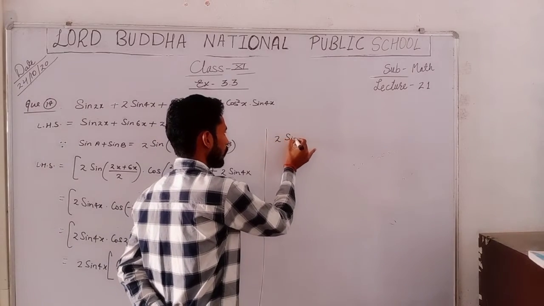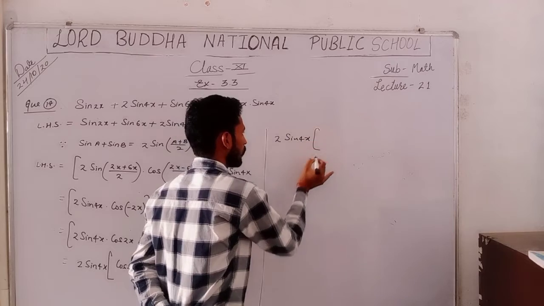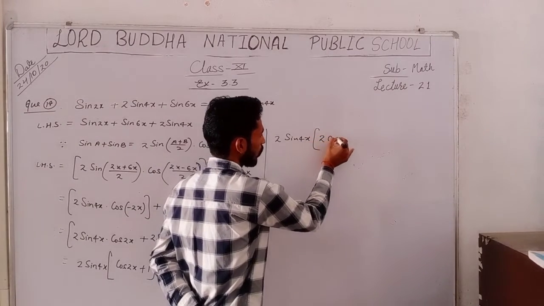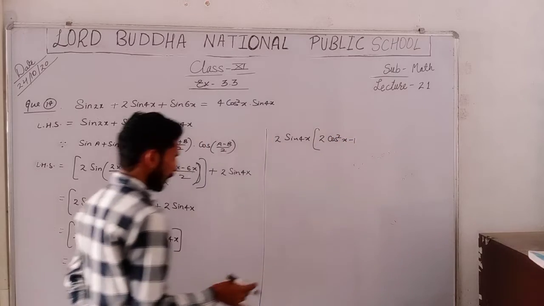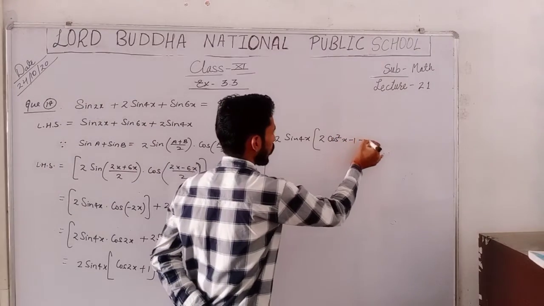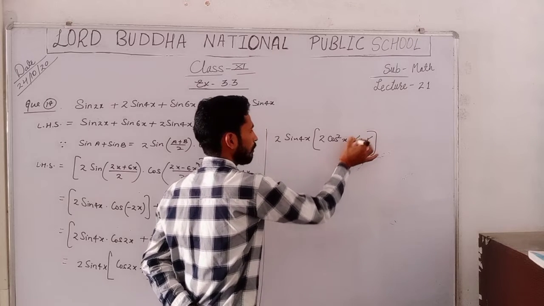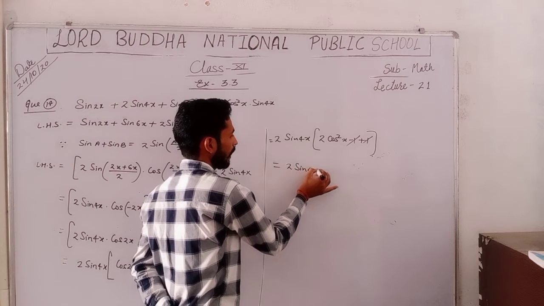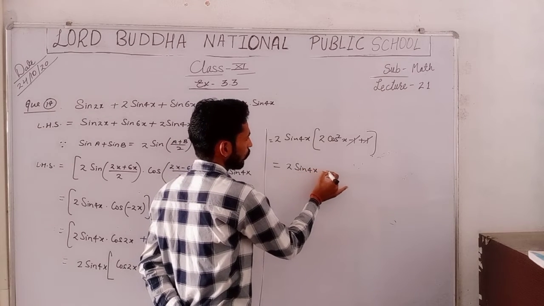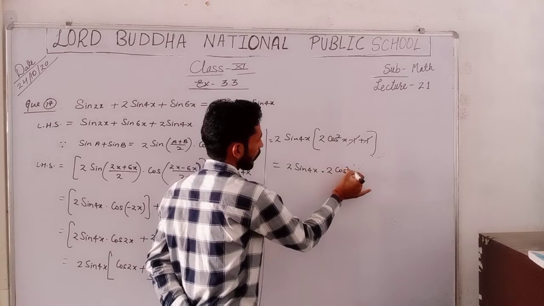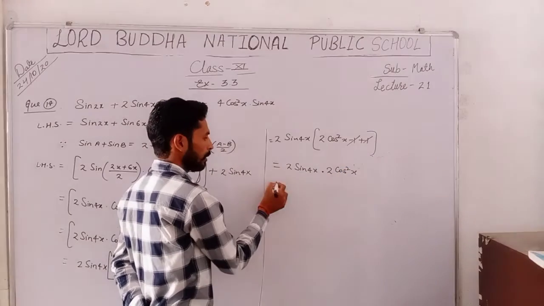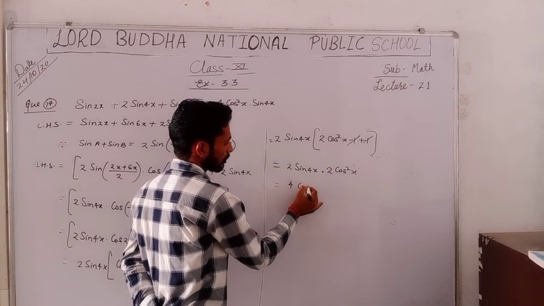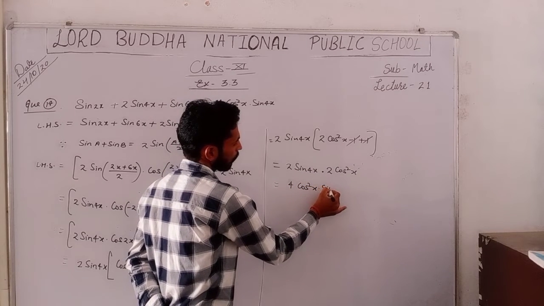Now for cos 2x, the formula is 2 cos square x minus 1. So in the bracket, in place of cos 2x we can write 2 cos square x minus 1, and already here is the plus 1, so the minus 1 and plus 1 will be cancelled. Now the final answer is 2 sin 4x into 2 cos square x, and this 2 and this 2 will be multiplied together and become 4, so we get 4 cos square x into sin 4x.